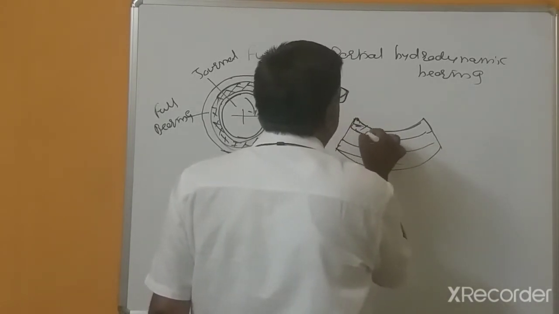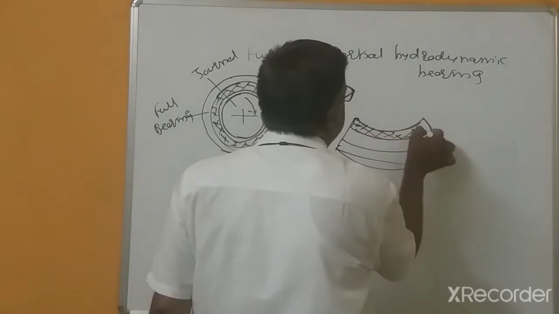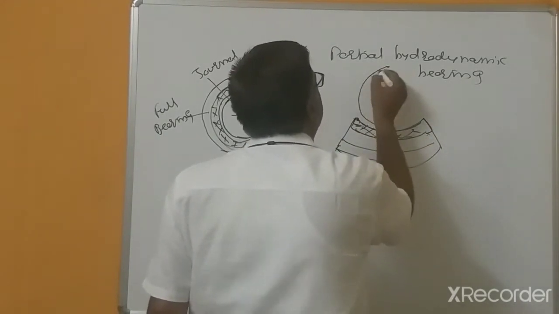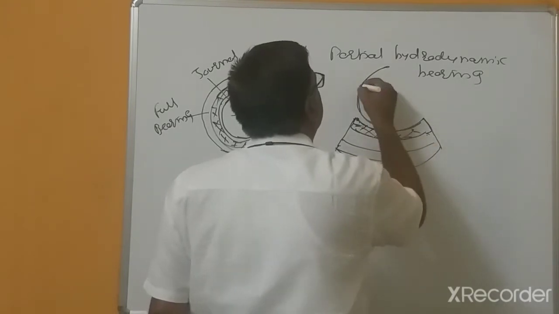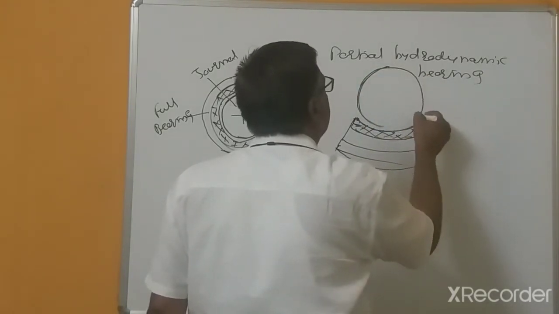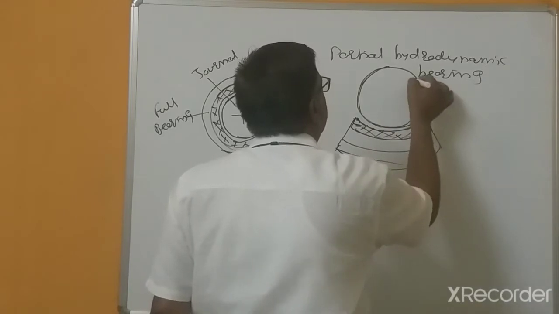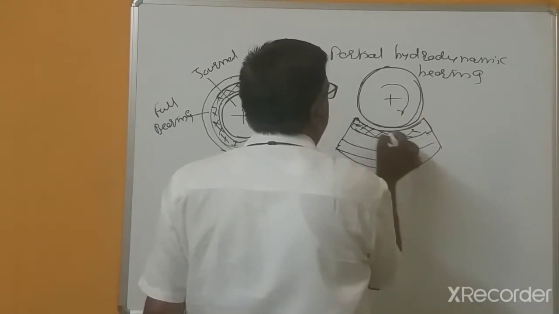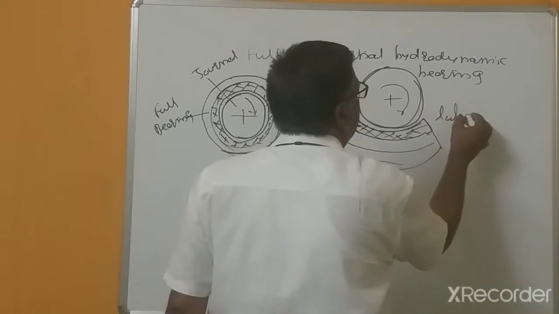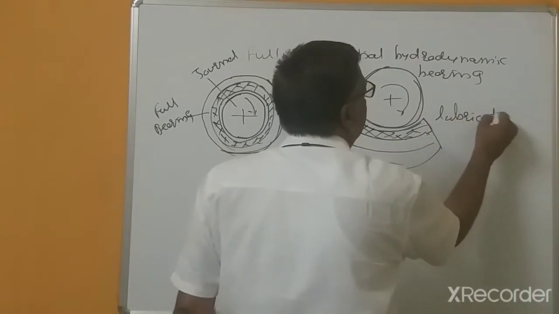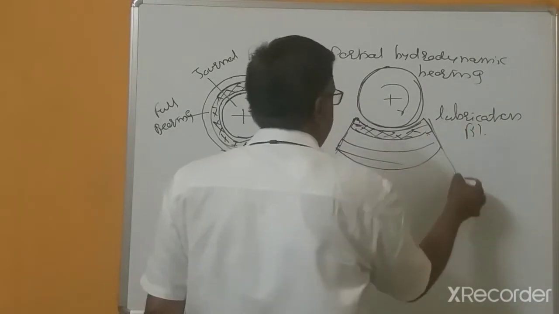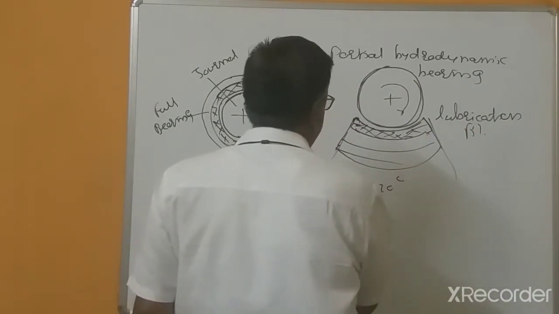suppose this is the lubrication system and this is the shaft or journal. This is rotating, this is the lubrication film, and this angle is generally 120 degrees.